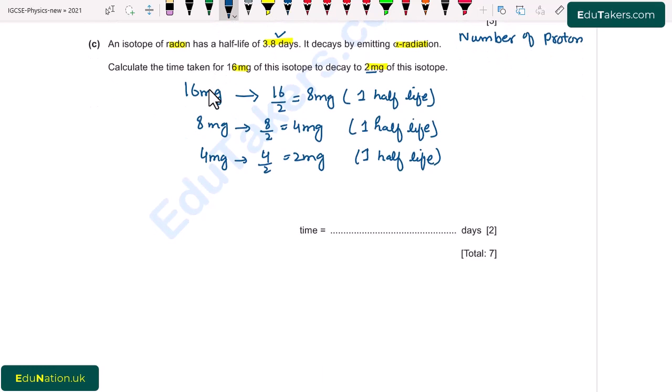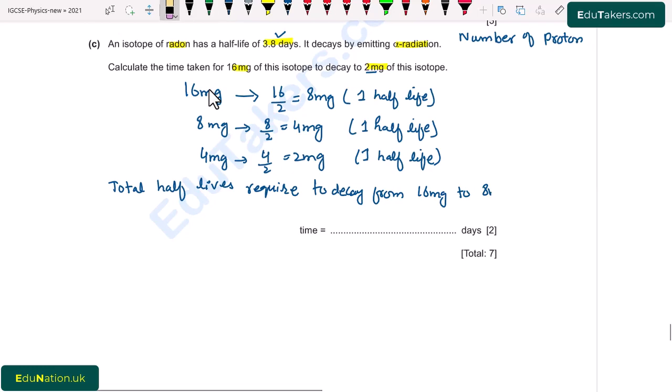So I write here total half-lives required to decay from 16 mg to 8 mg to 2 mg is 3.